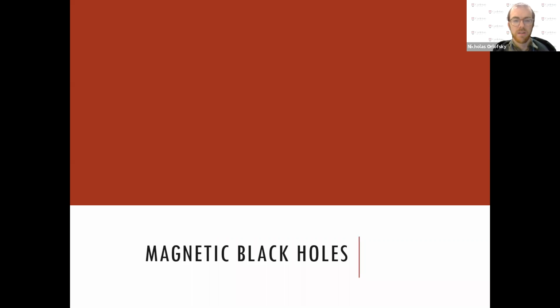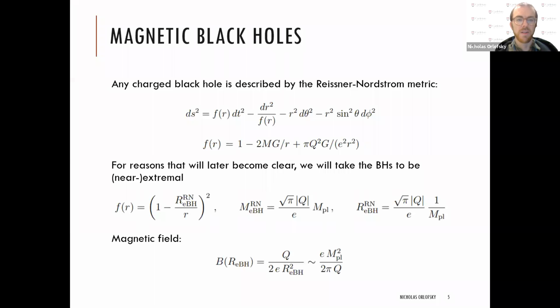So let me tell you a little bit first about magnetic black holes and some of their general properties before we get to the pheno. You can write down the solution, or the metric, for a charged black hole, which is just the Reissner-Nordström metric.